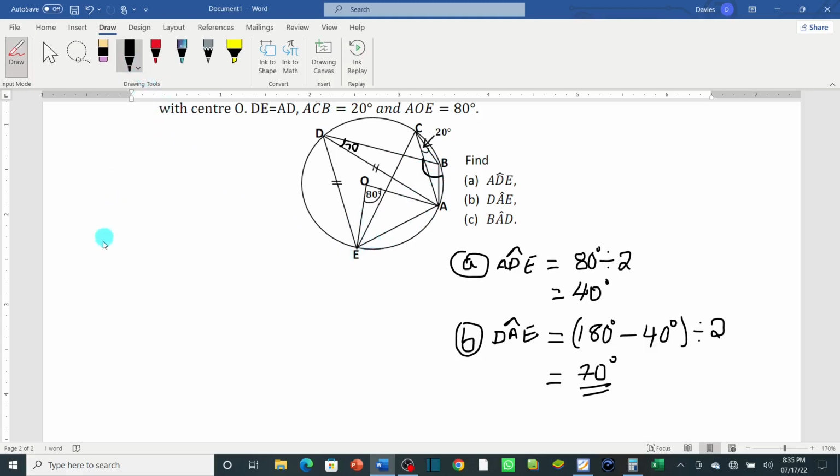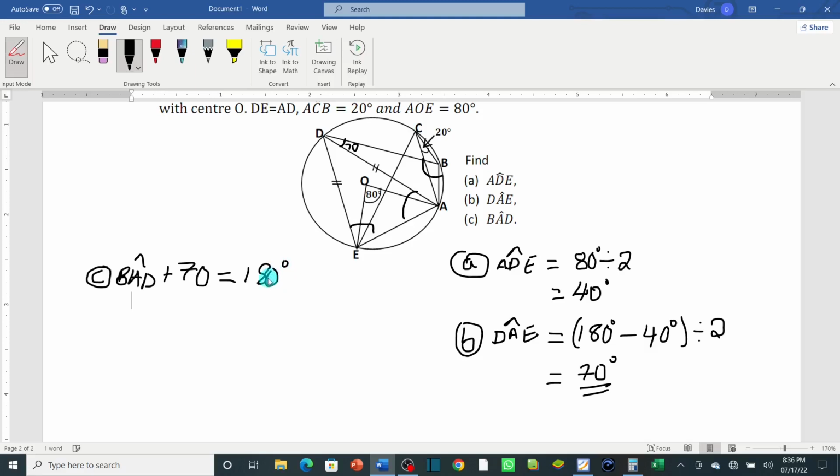So we are going to say for C, where we have angle BAD, it is going to be angle DAB plus this angle here, which we already found, these two are 70 each, plus 70 must give you 180 degrees.